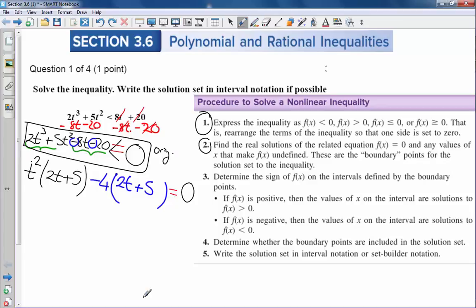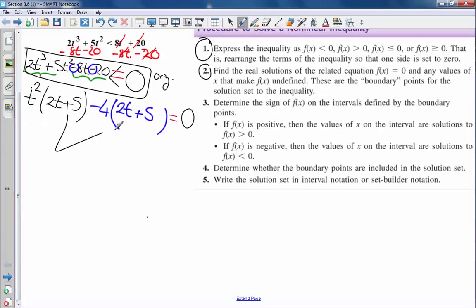This is my new converted one, okay? So these are matching, and whenever you have matching parentheses, you borrow one of them and factor. I take out each parenthesis, 2t plus 5, from each term. These are kind of gone. What's left is what? T squared and negative 4.